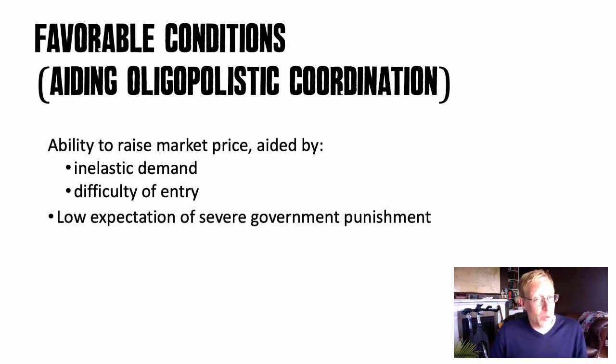One of the other favorable conditions aiding oligopolistic coordination is that in some parts of the world, if you're found guilty of acting as a cartel, the punishments are not very high. They're not very effective. So low expectation of punishment means that if you get caught, it's not that big a deal.